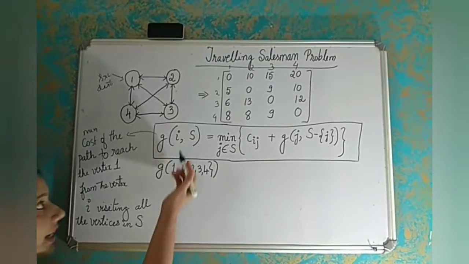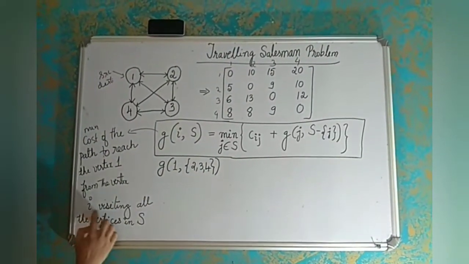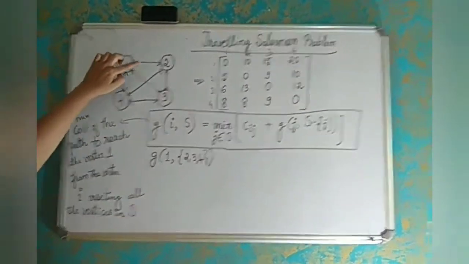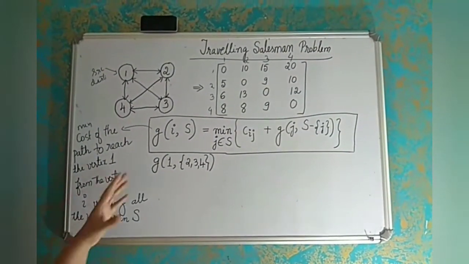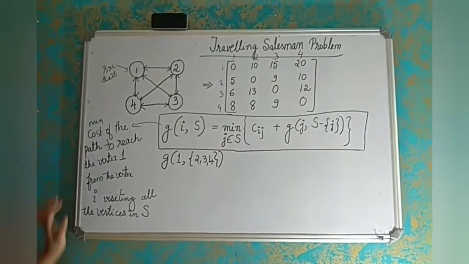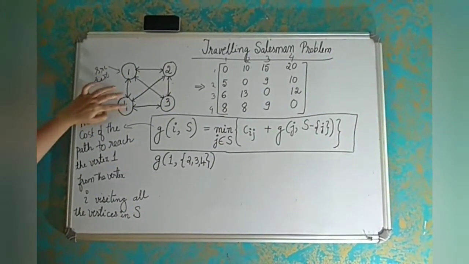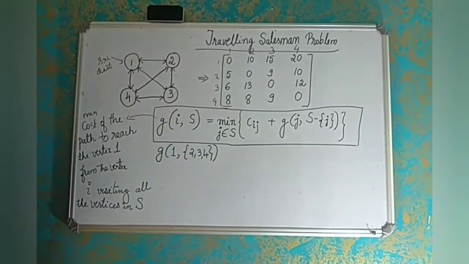So what is this S? S is nothing but the set of vertices he has to visit from the vertex I, because he has to visit all the vertices. He cannot leave any of the cities. He has to visit all the cities. So these vertices we represent inside a set.